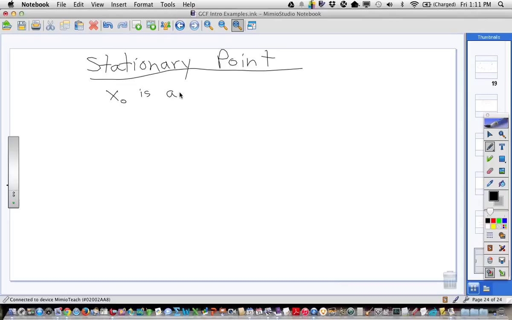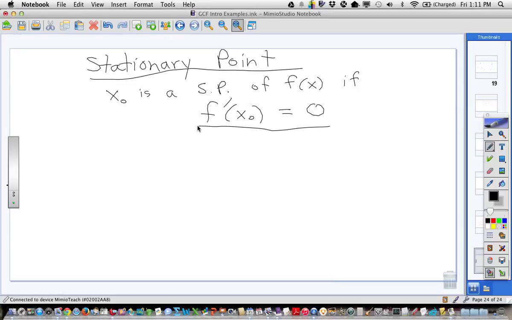X sub 0 is, and I'll abbreviate here, a stationary point of f of x if f prime of x sub 0 equals 0. So the stationary point is the x coordinate that makes f prime have a y of 0.